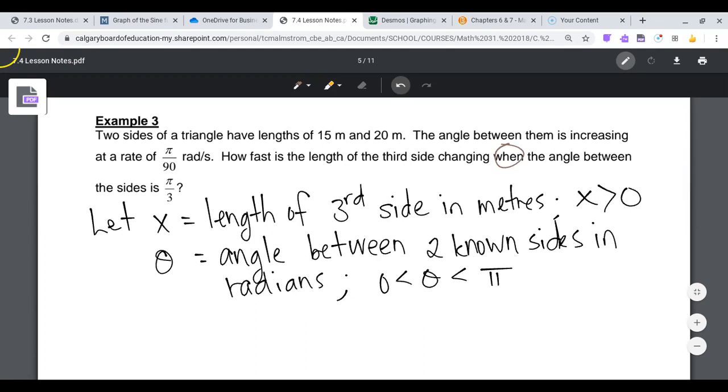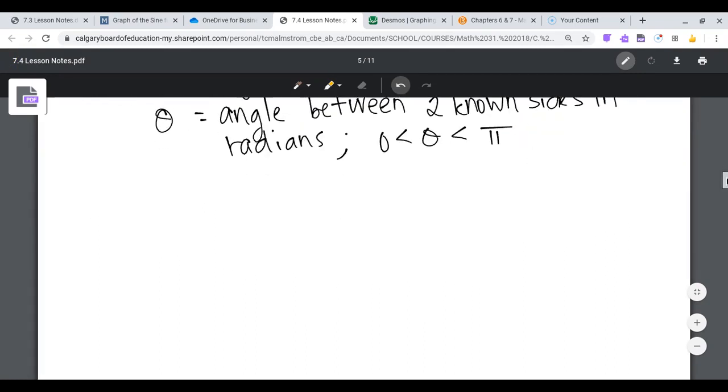If I am looking at what's happening here, I have two sides to a triangle, and there's an angle between them. And what's happening is that the angle between them is increasing at a rate. So this guy is moving and he's increasing.